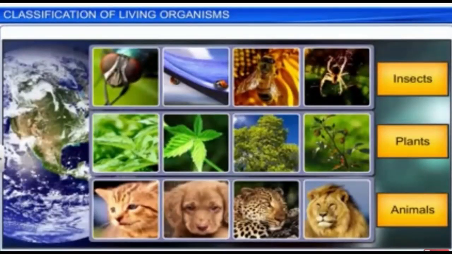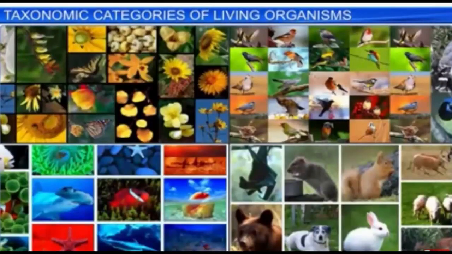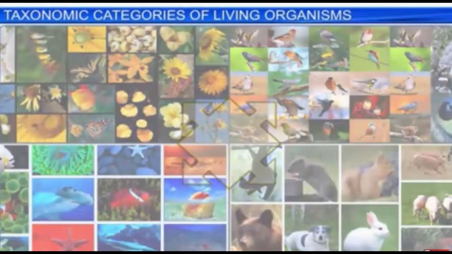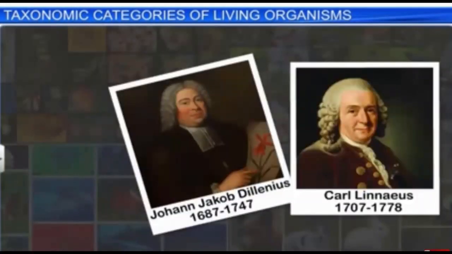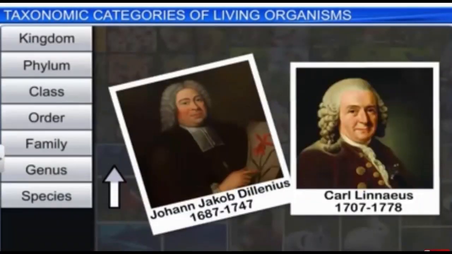Therefore, in this diverse world, it is important to classify and name living organisms for their easy identification and study. Our Earth is a habitat of millions of plants and animals, and new species are being discovered every day. In order to group these plants and animals based on observable characters, several taxonomists have classified them in a hierarchical structure that consists of ranks or categories.